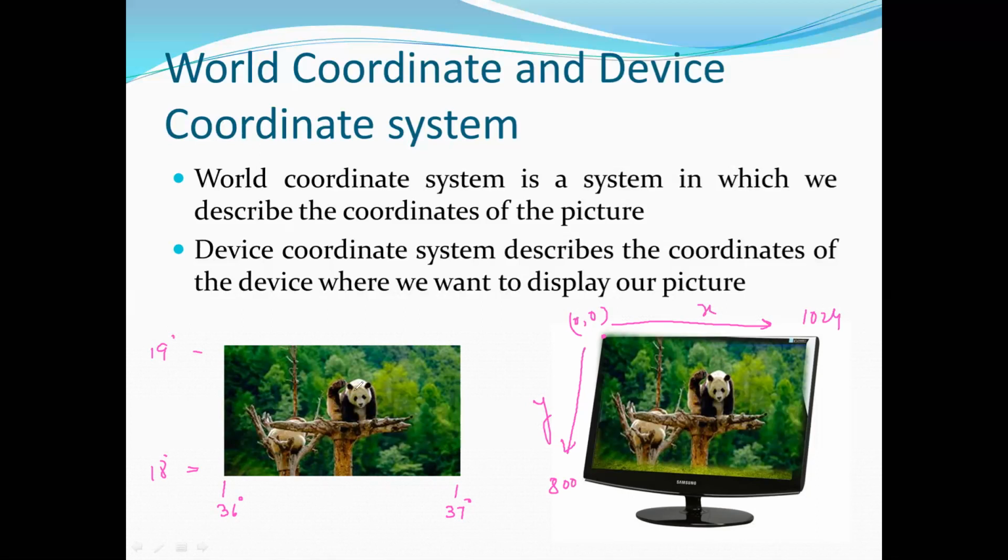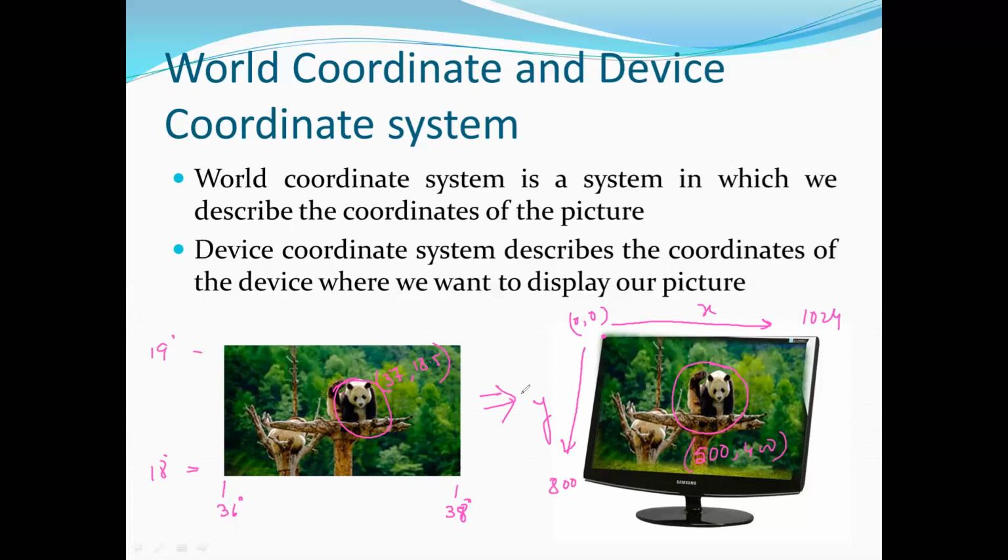Maybe the location of this object is, let us say this is 38, so we can say 37 and 18.5 is the location of this particular object. When this object is mapped in the display device, the location of this particular object will change, and consider the location of this object is 500, 400.